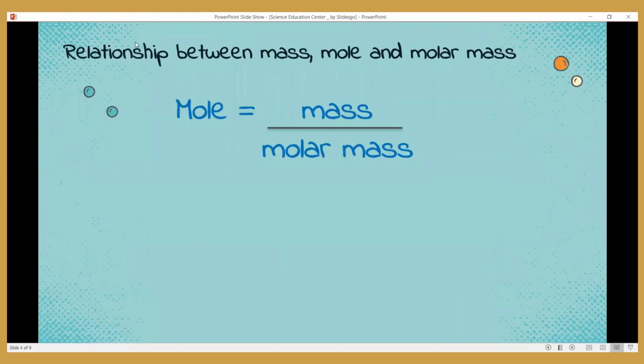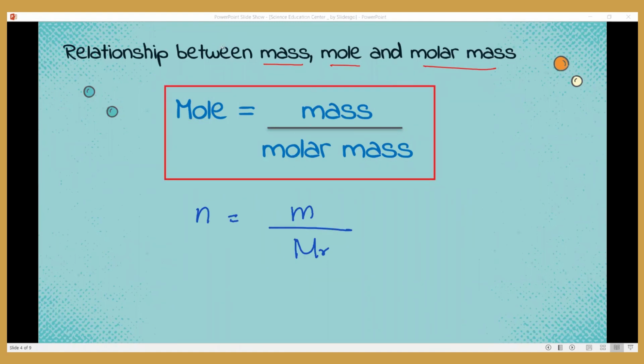We have to find the relationship between mass, mole, and molar mass. Mole is n, mass is m, and molar mass is Mr. The expression that relates mole, mass, and molar mass is: n equals m over Mr, mole equals mass divided by molar mass.